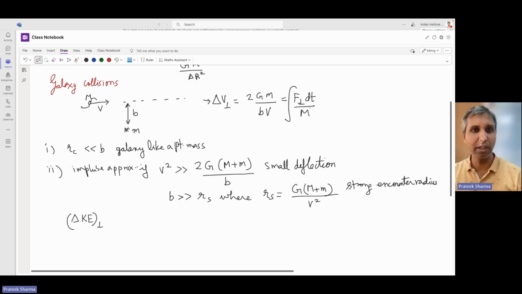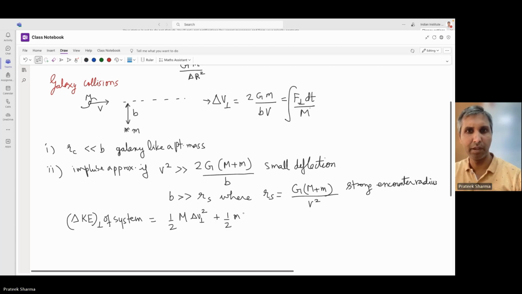So this, of the system, is half M delta V perp squared plus half m times (M by m delta V perp) squared.